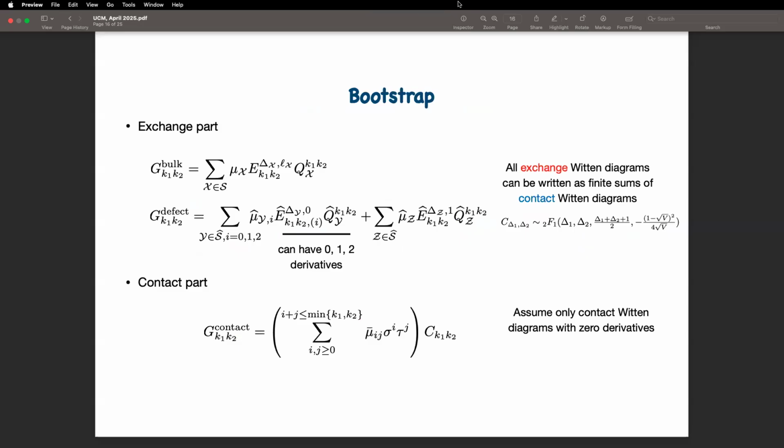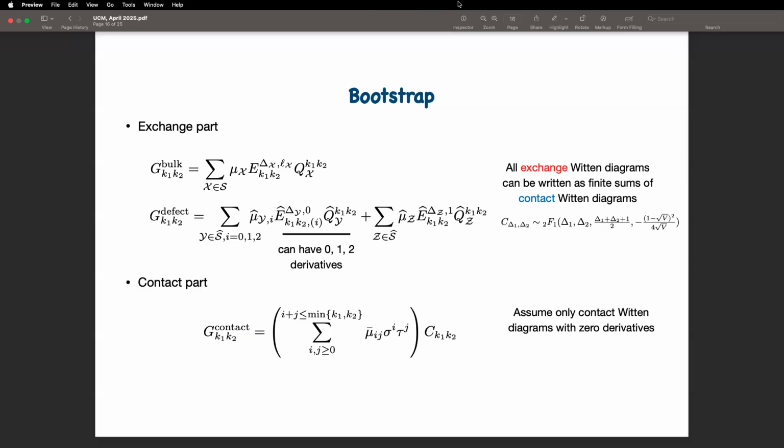The way to think about these Qs is that they are the R-symmetry analog of these exchange Witten diagrams, because each field carries an irreducible R-symmetry representation. So in this exchange process, R-symmetry is also exchanged, and you need something to capture that information. This is the polynomial Q here. And this mu is still some numerical factor, which we will put in our ansatz as unknown.